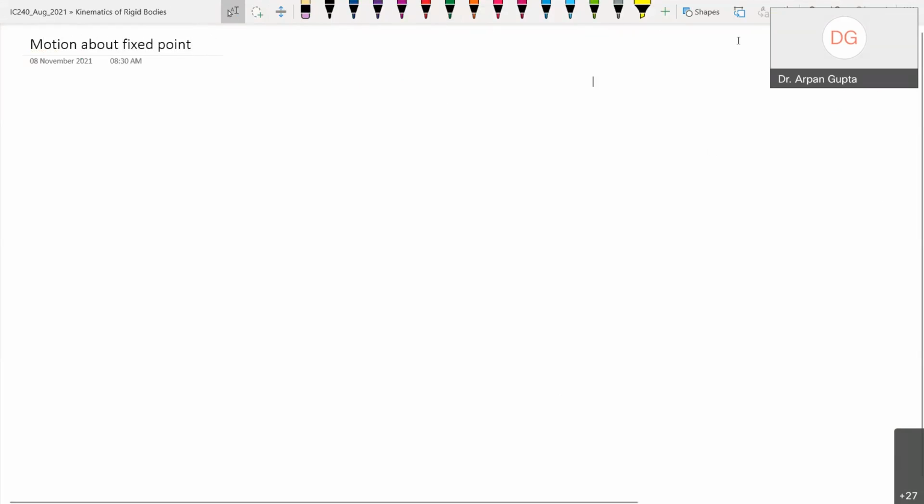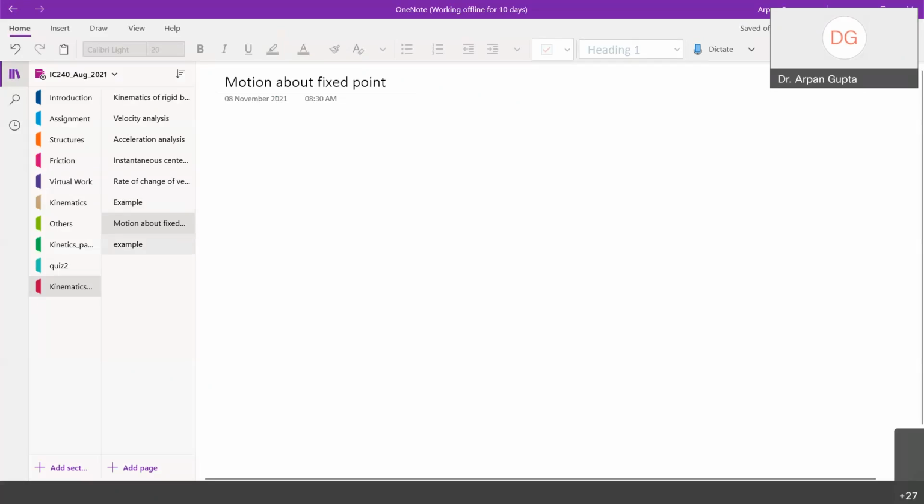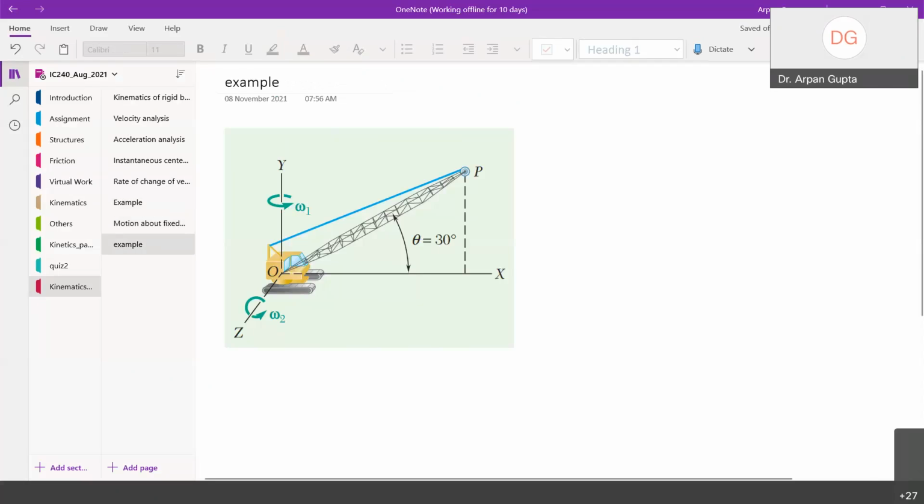Now this is again a very special type of motion where we know that the motion is going to take place about a fixed point. And just to give you an example, what we are going to solve is something like this.